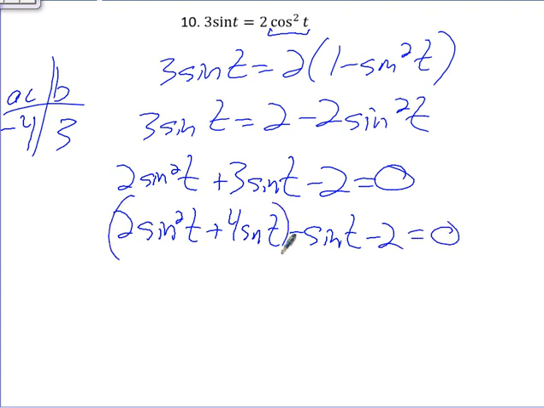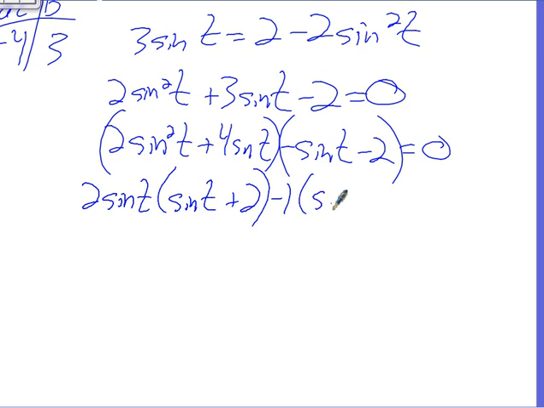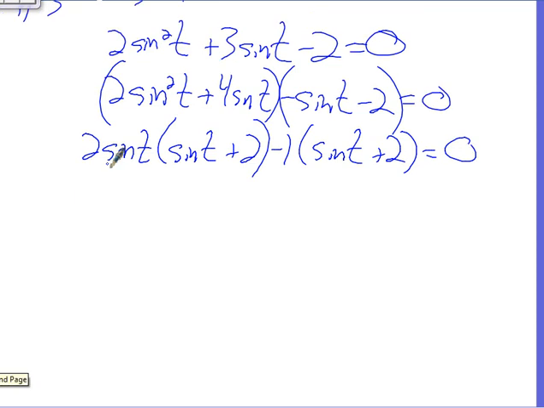Now this is an example of leaving the signs in there. So you see it gets a little bit messier, but either way you're going to end up with the same answer. So I can factor out a 2 sine t, and I'm left with sine t plus 2. Factor out a negative 1, sine t plus 2 equals 0. So again, all I did was factor by grouping, so I got to finish that up.